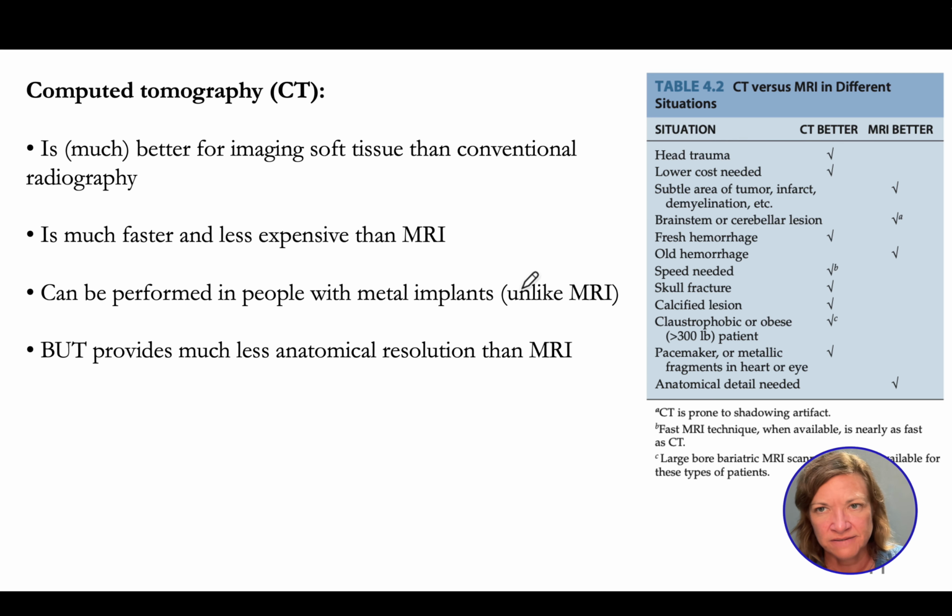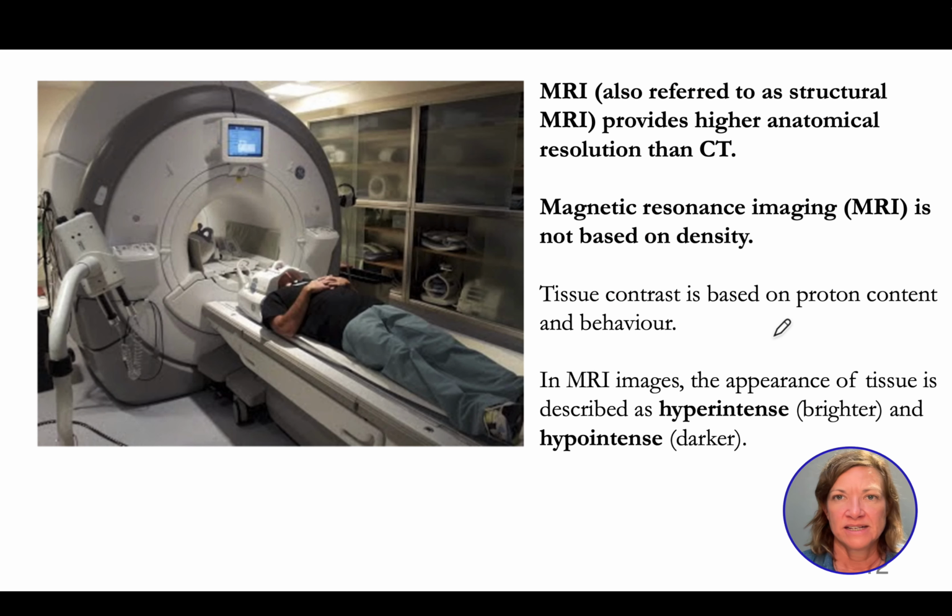So that's the trade-off. There's also a couple of other things just because of the properties of CT versus MRI. For example, CT is better for detecting fresh bleeding in the brain. MRI better for detecting old or chronic bleeding in the brain. So that informs the decision making when to use a CT, when to use an MRI. So MRI, and in this case we're talking about structural MRI, definitely provides better anatomical resolution.